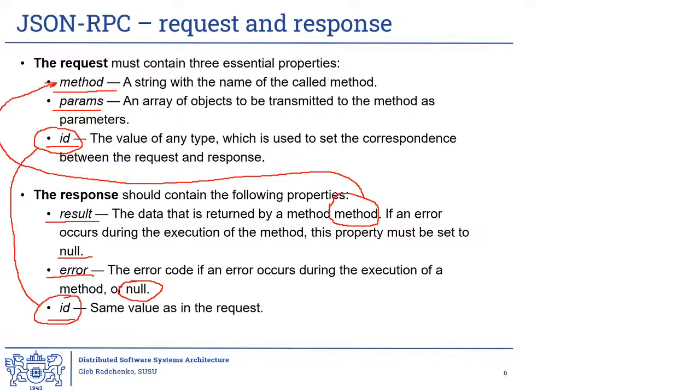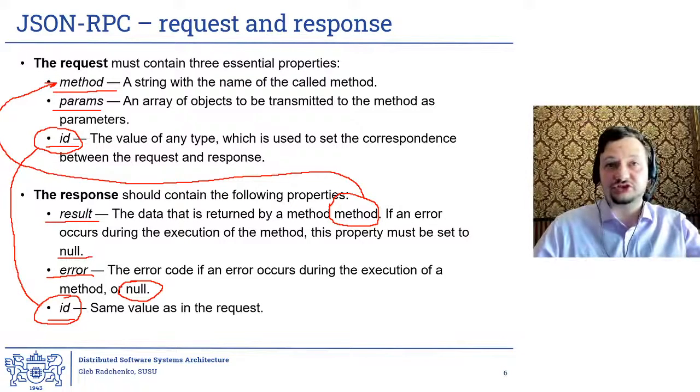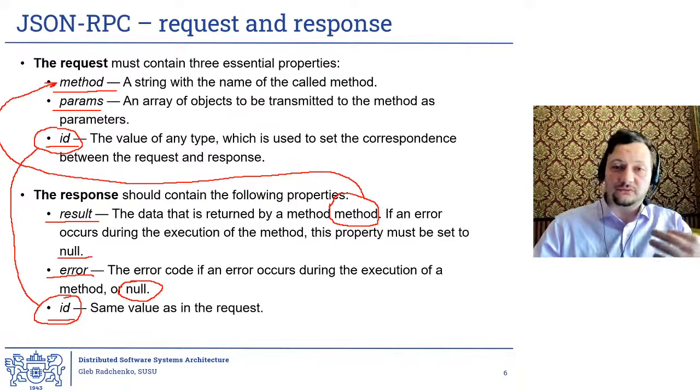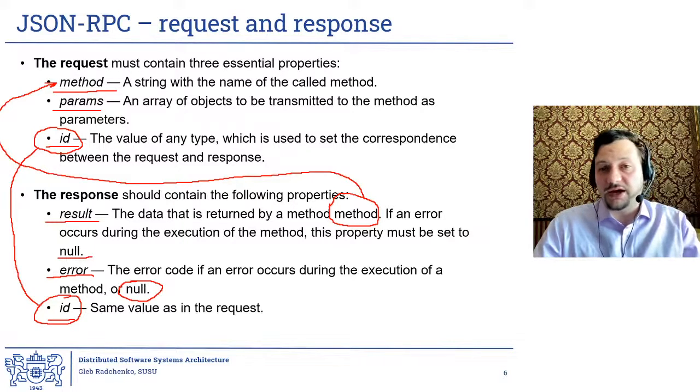So as you can see, this is a very, very simple way to organize transmission. It is just a set of standard JSON objects that are sent to the server and back.